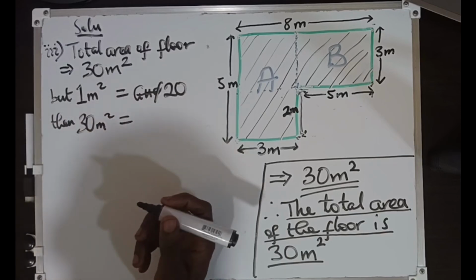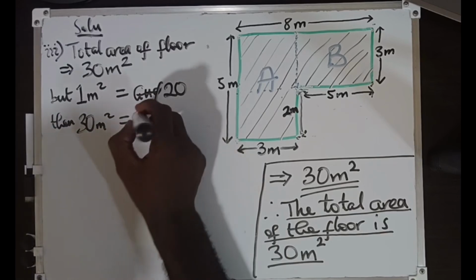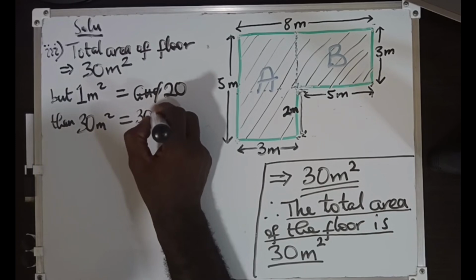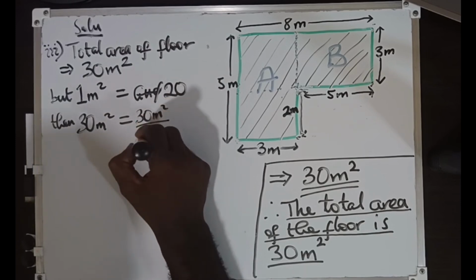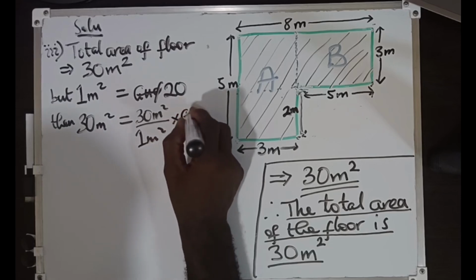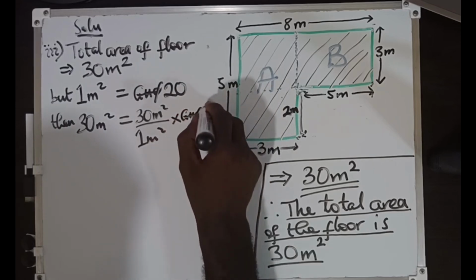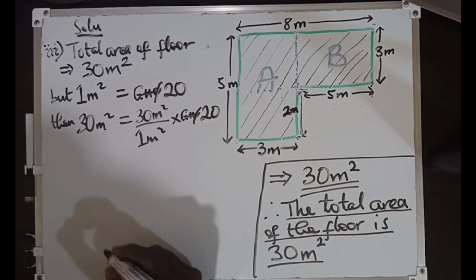Which is definitely going to be more, and if more, let's multiply. So we have 30 meters squared over 1 meter squared multiplied by 20 cedis.